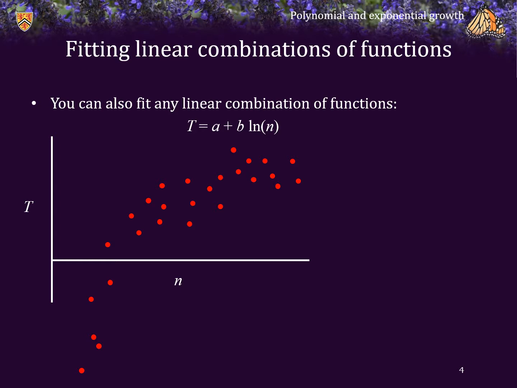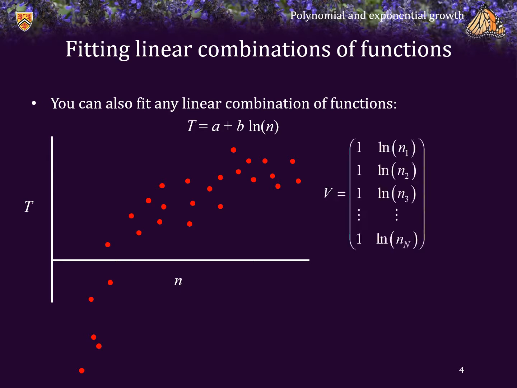So to find the best fitting polynomial, we're just going to have the function 1 evaluated at each of the n values, which is of course 1, and then we evaluate the logarithm at each of the n values.